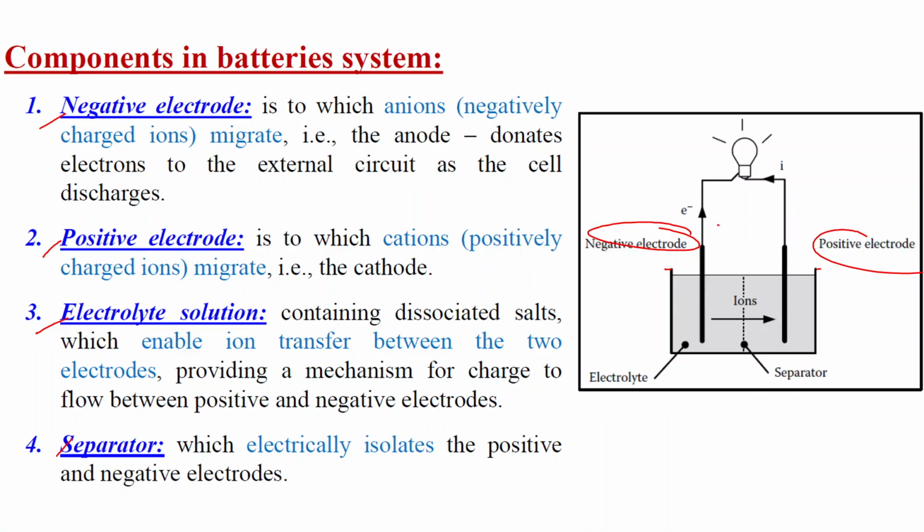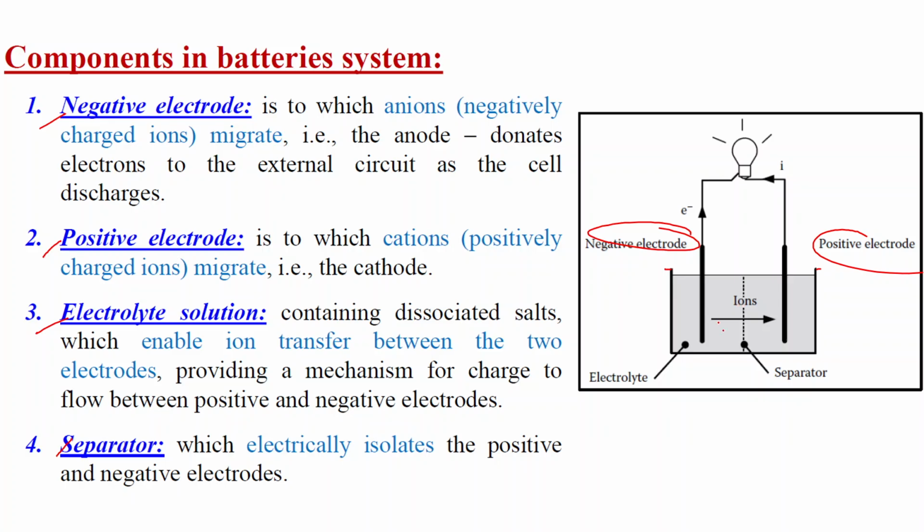So as we apply potential in the external circuit, what will happen? The ions present in the electrolyte will dissociate, and the anions will migrate to the anode, which is donating electrons to the external circuit as the cell discharges.